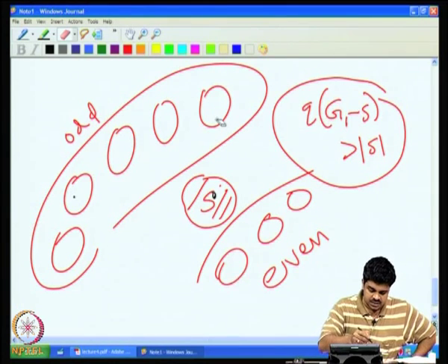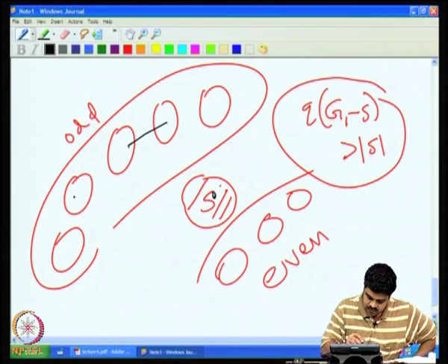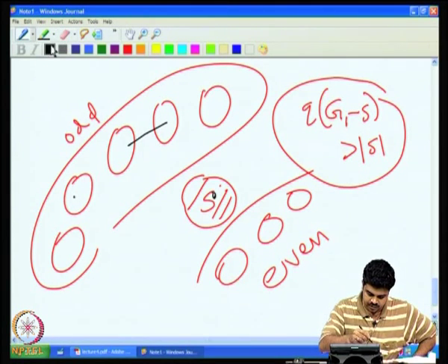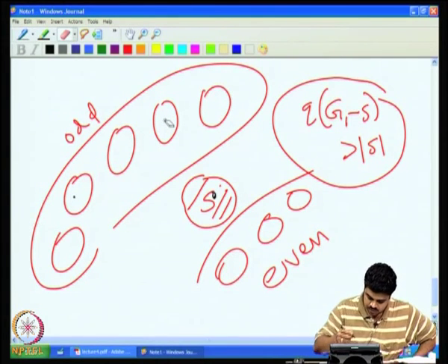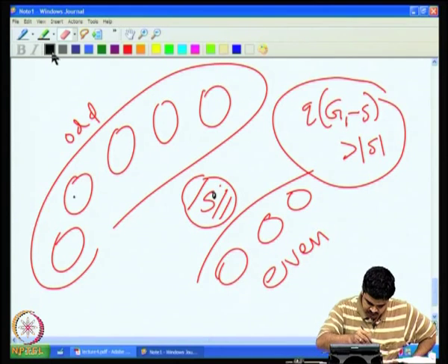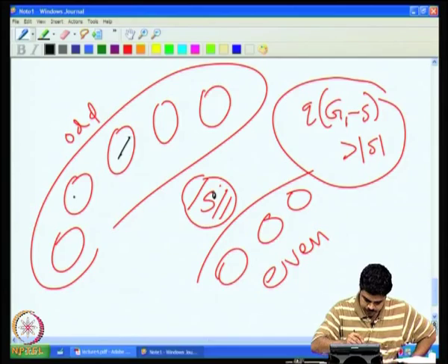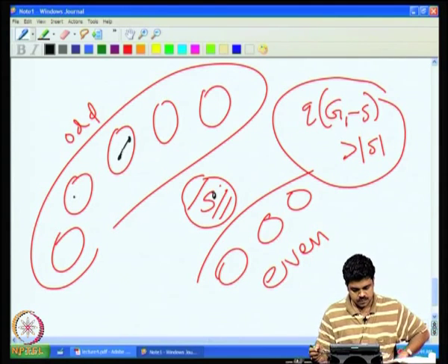The next situation is, suppose the edge was something like this, because this picture is about G dash. The edge can now be inside a component.